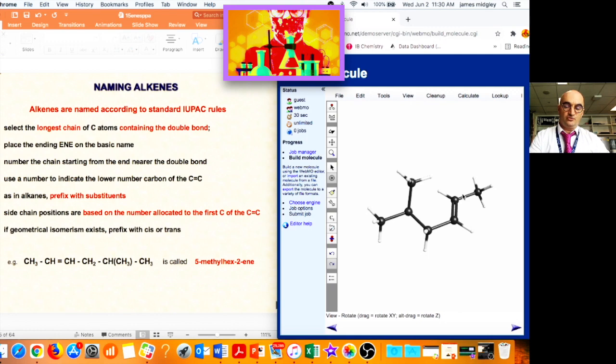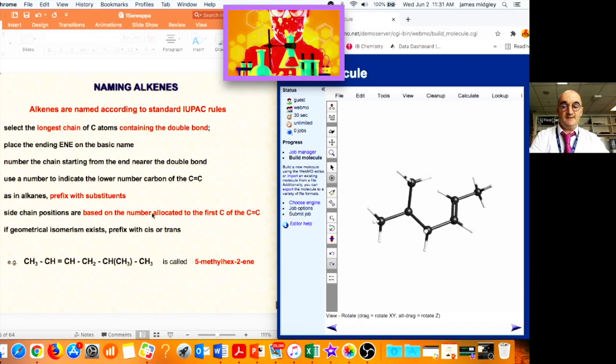Since the functional group dictates the numbering, 1, 2, 3, 4, 5 methyl. So this is not 2-methyl-hex-4-ene. It is 5-methyl-hex-2-ene.